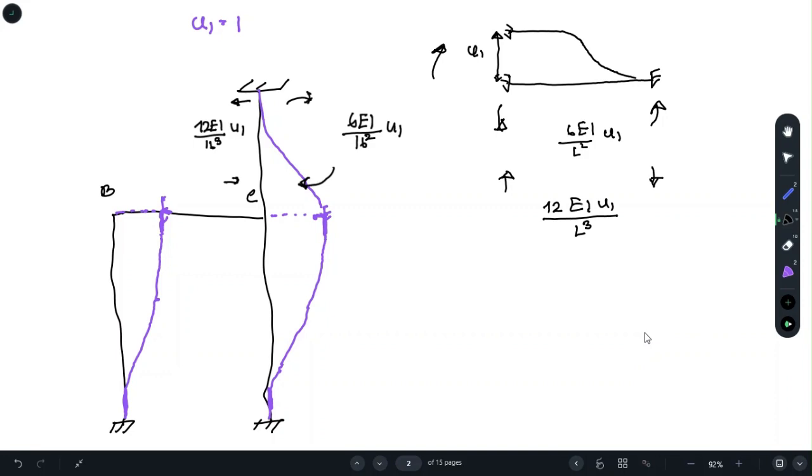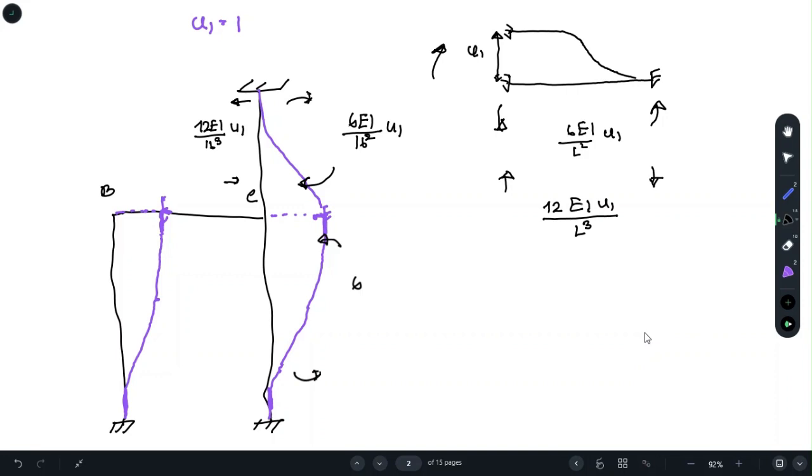For the lower frame here, the displacement is like that, which is clockwise. So the moment will be anti-clockwise, like that, and the value is 6 EI.